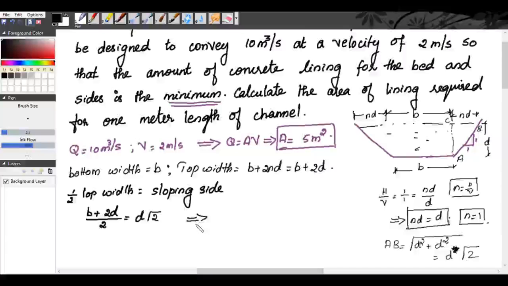So from which we get B is equal to 0.828 D.